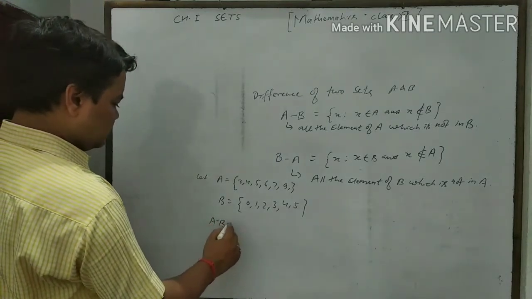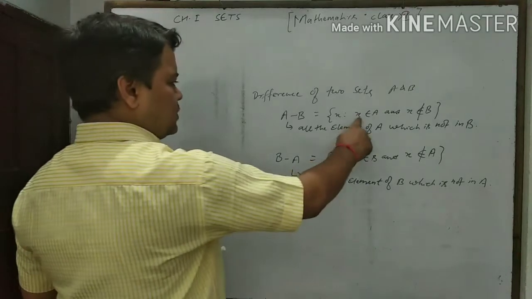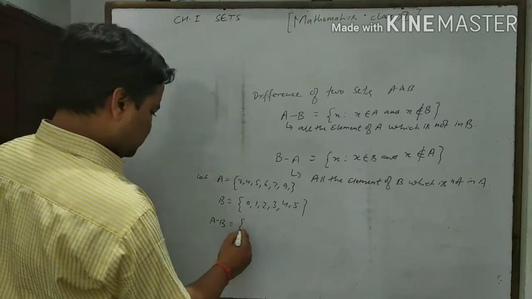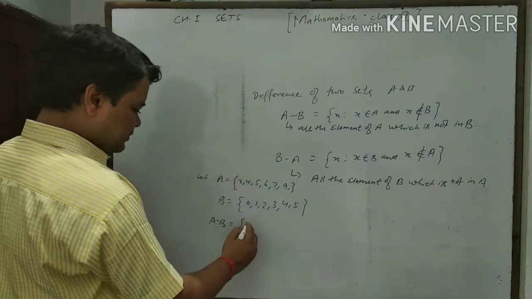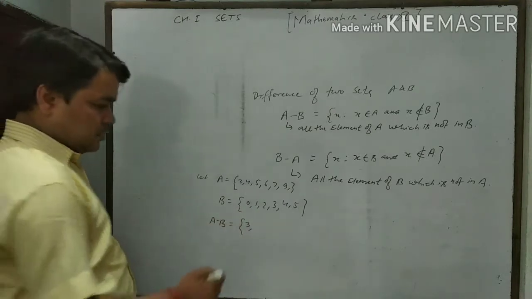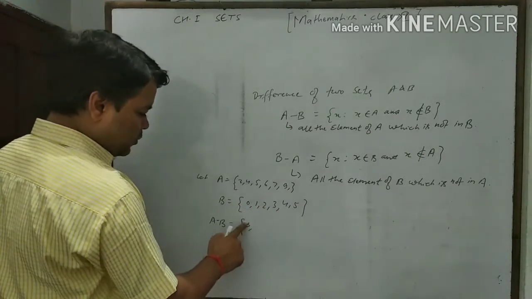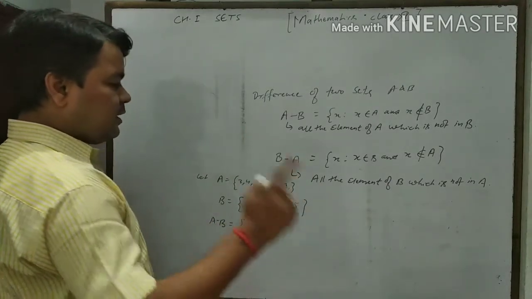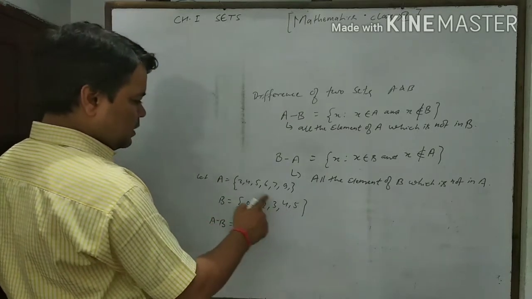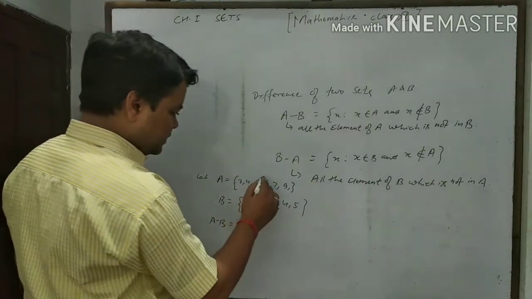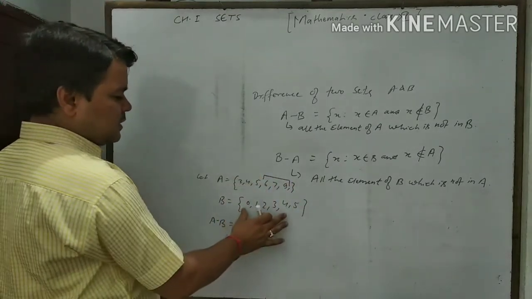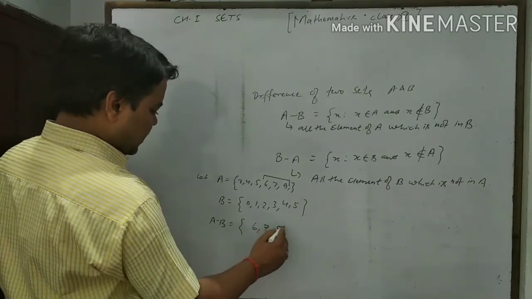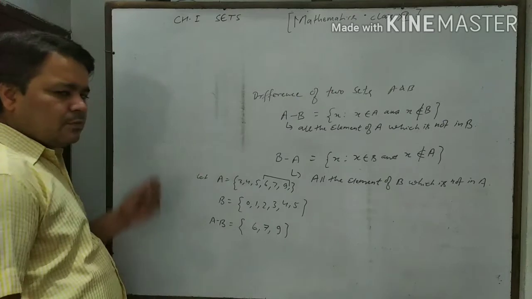It is the elements in A but not in B. 3 is in set A, but it is also in B, so we cannot write 3. 4 and 5 are also in B. But 6, 7 and 9 are not in set B. Therefore 6, 7 and 9 represent A minus B.